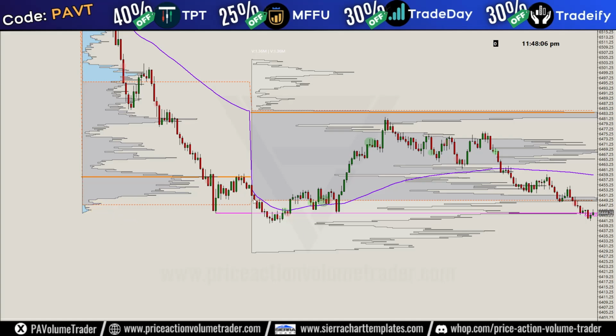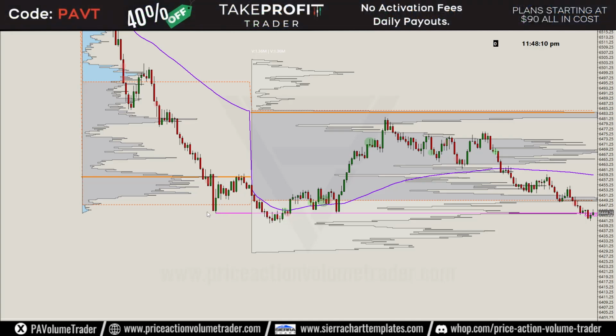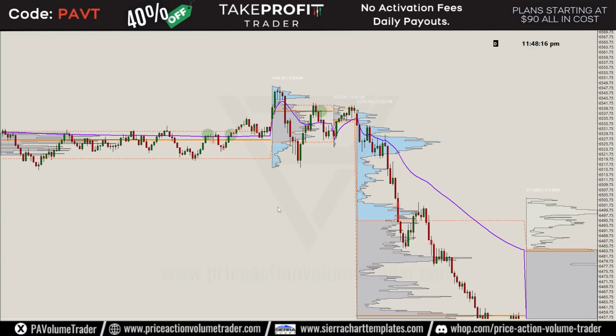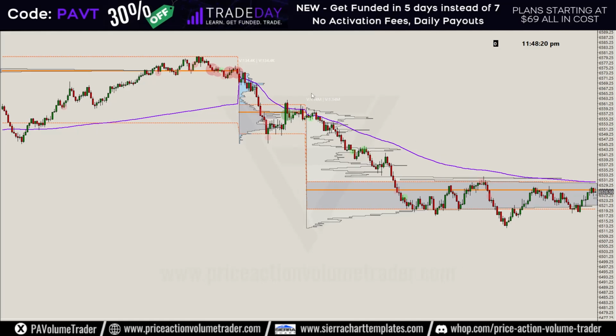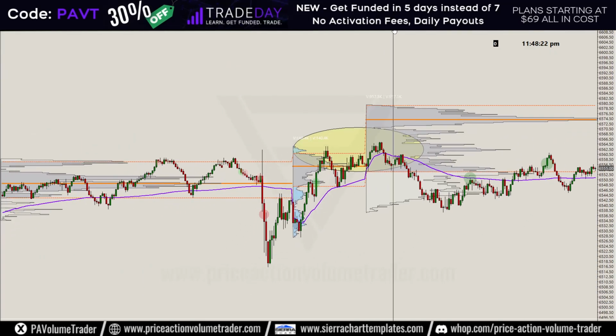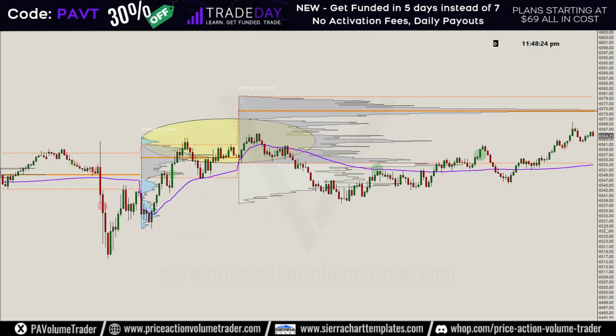Okay, so right here again, we just came down, raided the lows from the overnight, recovered, and then we have a big squeeze to the other side. Then here, nothing here.